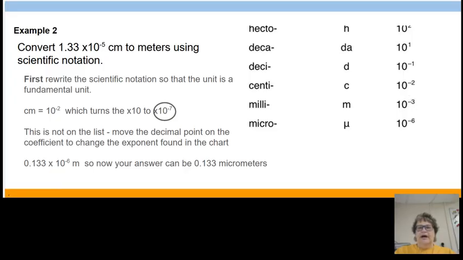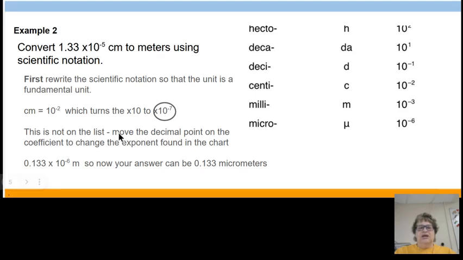If I add the negative 2 and the negative 5, I get 10 to the negative 7. So instead of writing 1.33 times 10 to the negative 5 centimeters, I could write it as 1.33 times 10 to the negative 7 meters.